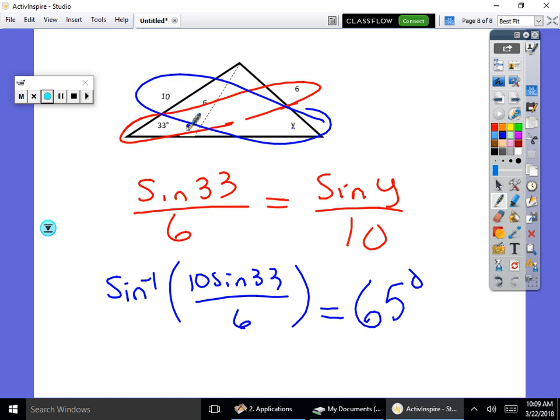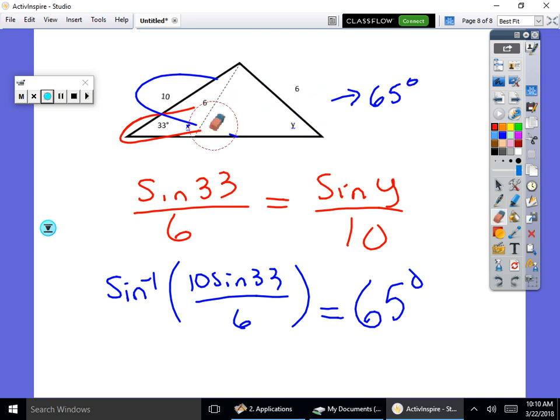Now, I saw a lot of people write 65 right here. What type of angle is this? Obtuse, so it can't be 65. 65 is actually the y. Y is 65 degrees, okay? And we learned law of sines. When you find this, you also have to find its what? Linear partner and see if it still built a triangle. Okay, so let me erase some of this for a second. I'm going to highlight two lines. This line and this line, what do you notice?